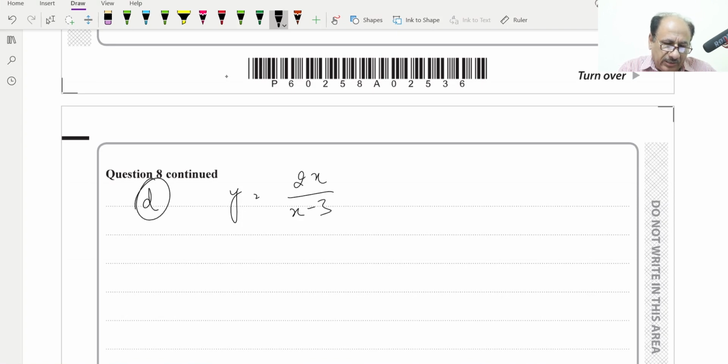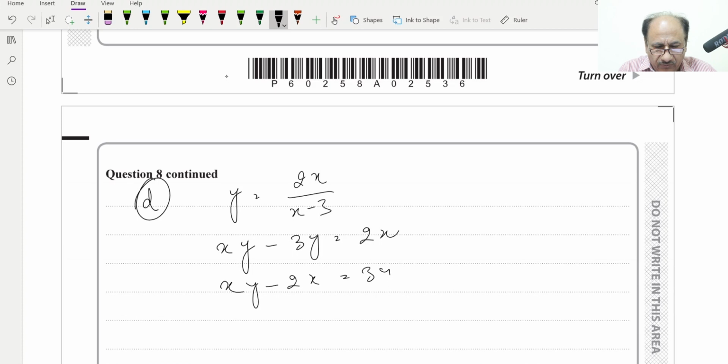And now we can make x the subject. To make x the subject, we will cross multiply: xy minus 3y is equal to 2x, and we will shift x to one side, so xy minus 2x is equal to 3y. And now we can take x common, so inside will be y minus 2, equal to 3y.